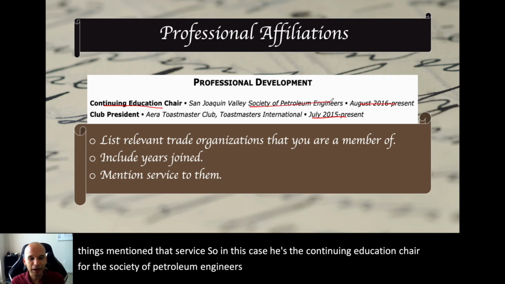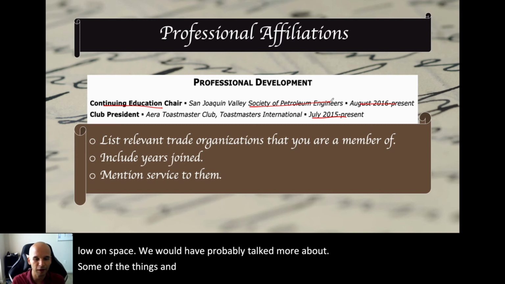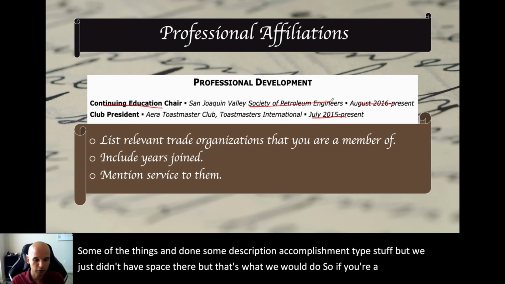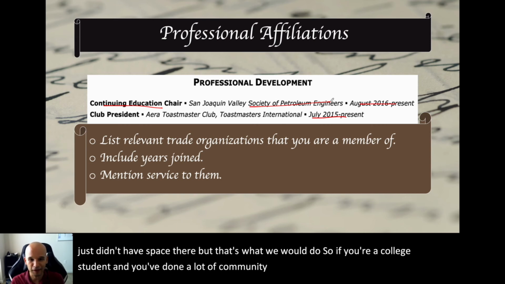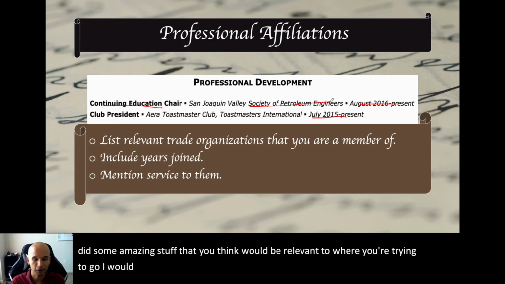If we had more space, he was low on space, we would have probably talked more about some of the things and done some description and accomplishment type stuff, but we just didn't have space there. But that's what we would do. So if you're a college student and you've done a lot of community service, if you did some amazing stuff that you think would be relevant to where you're trying to go, I would sell those experiences under that.